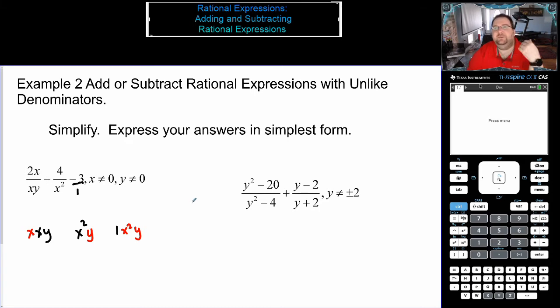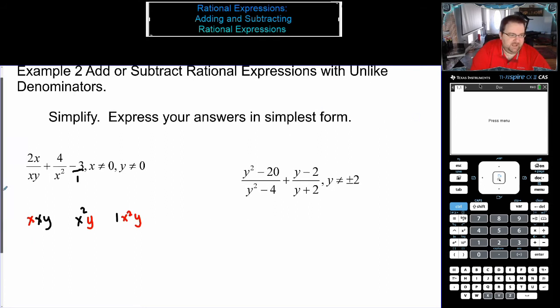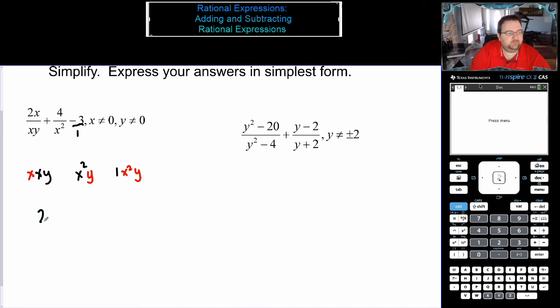Okay, so now we've visualized what we're going to have to do. Let's start by actually doing it. So we're going to have 2x over xy, and we're going to have to multiply that by x over x, right? Because that's what we need to multiply by here.